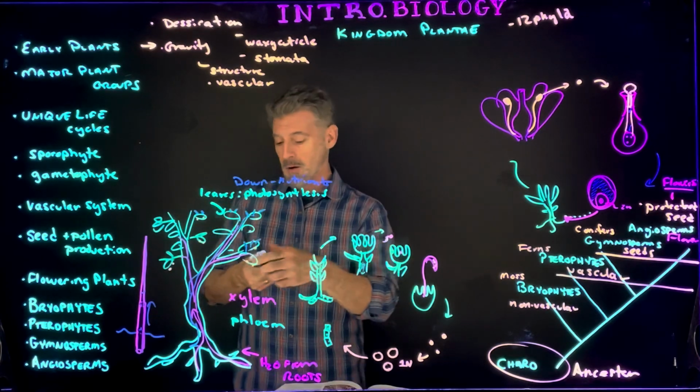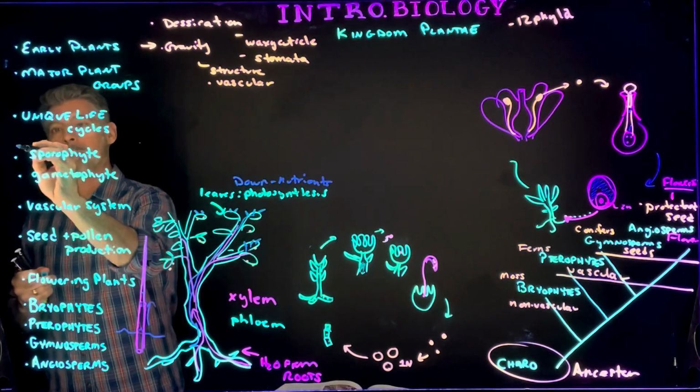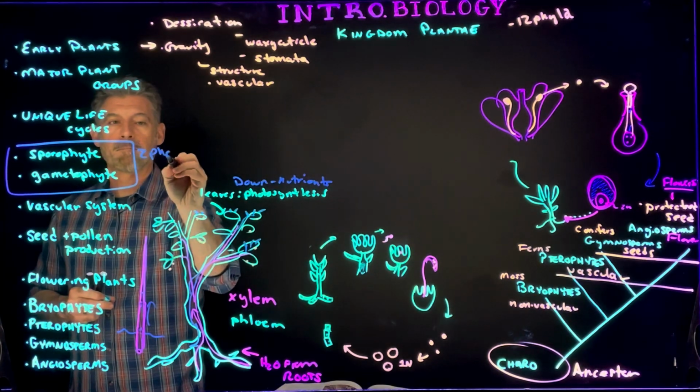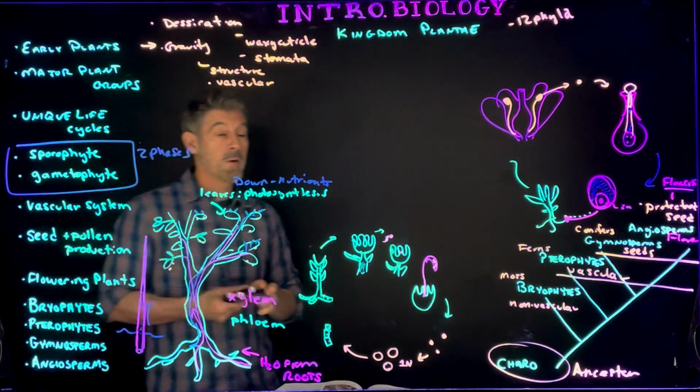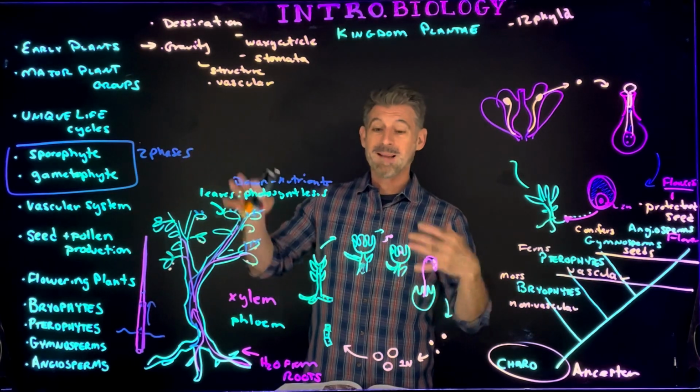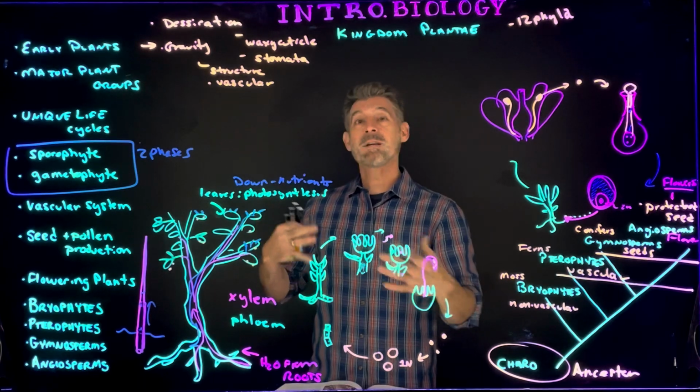So plants all have life cycles with two phases. All the plants are going to have these two phases of a life cycle. They're going to have a sporophyte plant and a gametophyte plant.